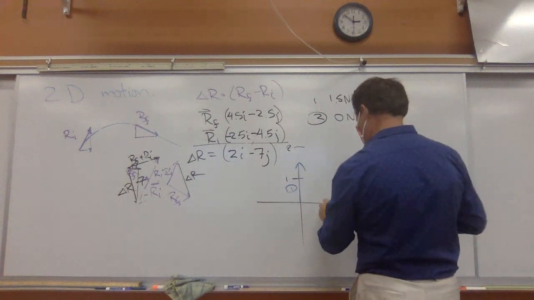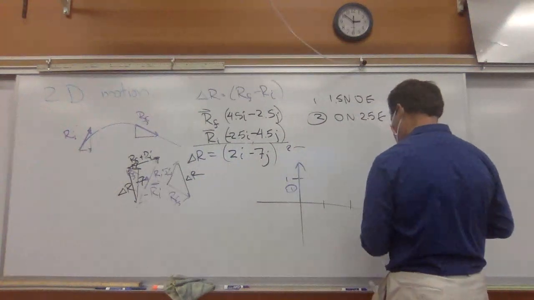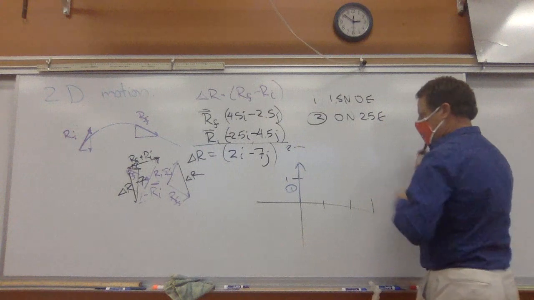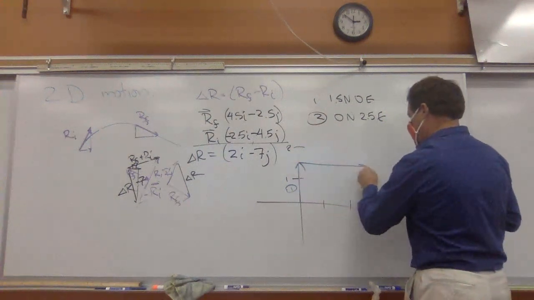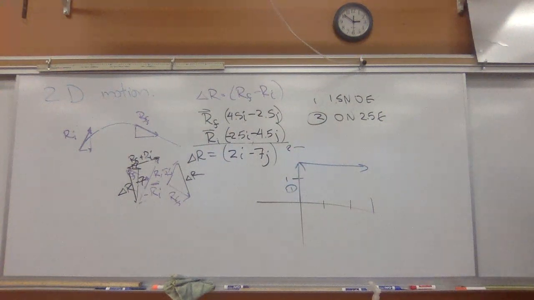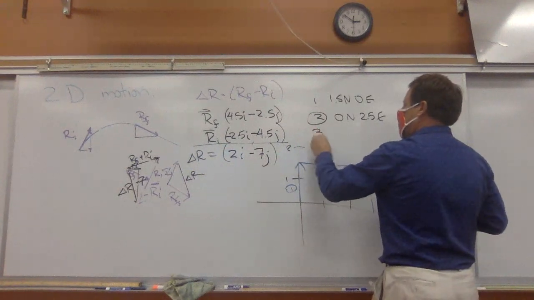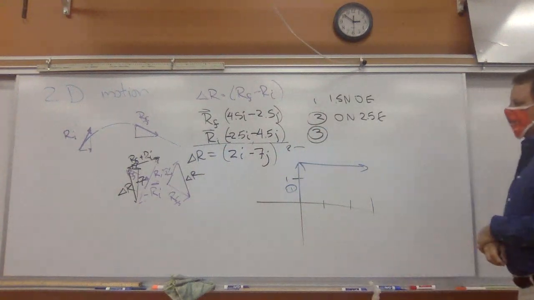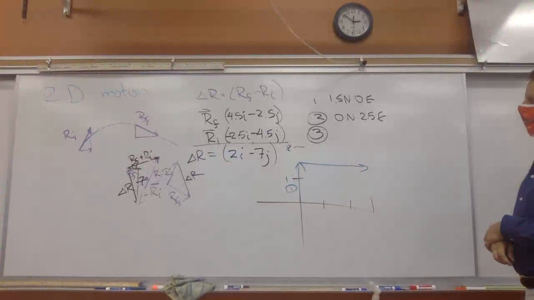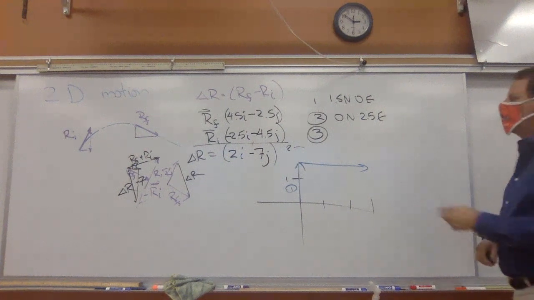And now we're going to have this vector like so. And now the third vector is going to be, let's say, about 2.1.